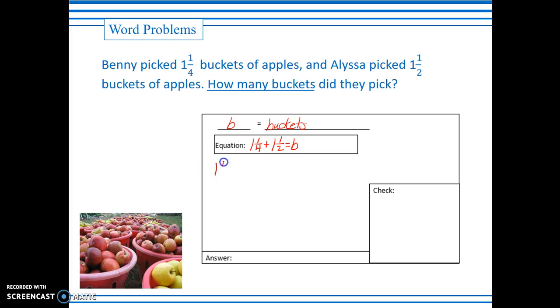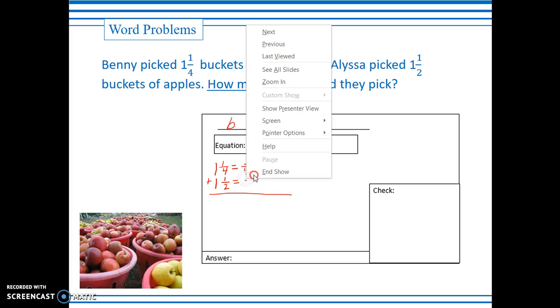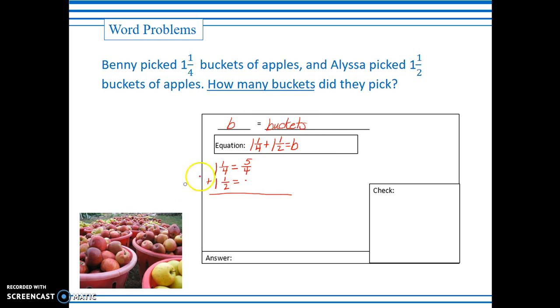So if we have 1 1/4, and we add 1 1/2, well, let's get them into improper fractions first. So 1 1/4 is like 4/4 plus 1/4, so that's going to be 5/4. And 1 1/2 is like 2/2 plus 1/2, and that's going to be 3/2.